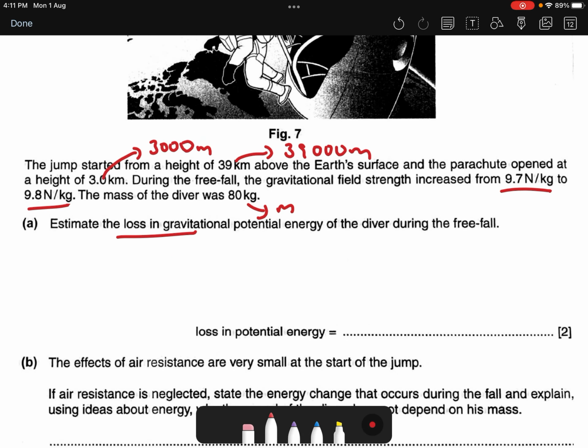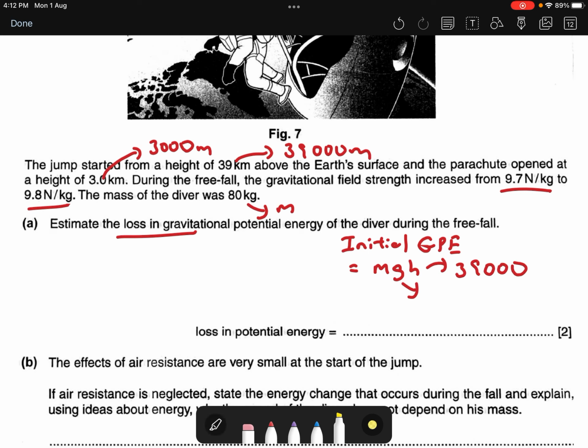This one is simple. First thing first, you determine the mgh at the start. So initial GPE is equal to mgh. The h in this case is about 39,000 because you started from 39,000 meter. For g, don't put 10, because they explicitly tell us that it is 9.7, so use 9.7.